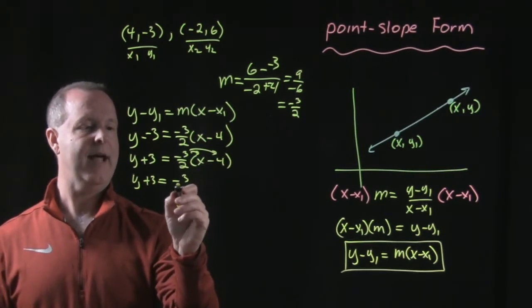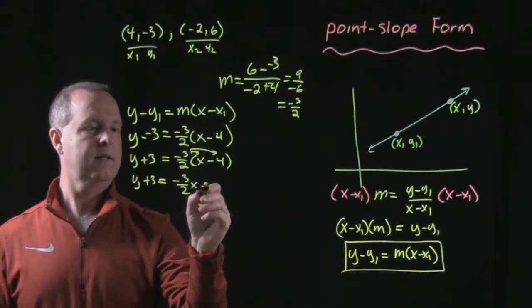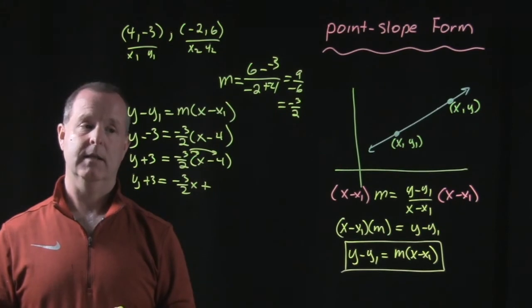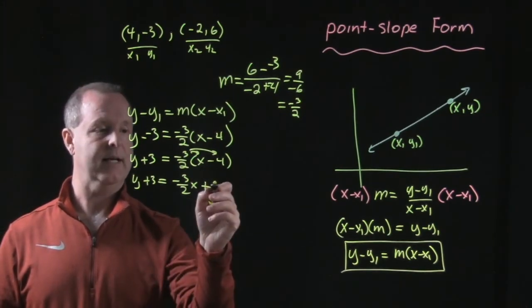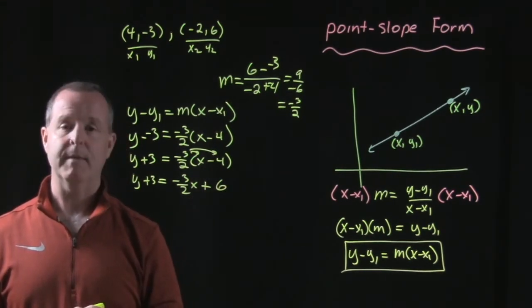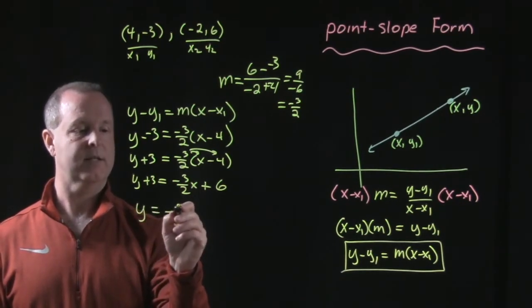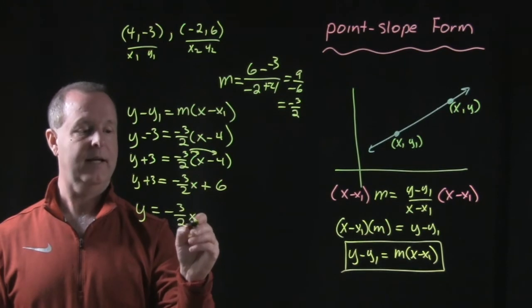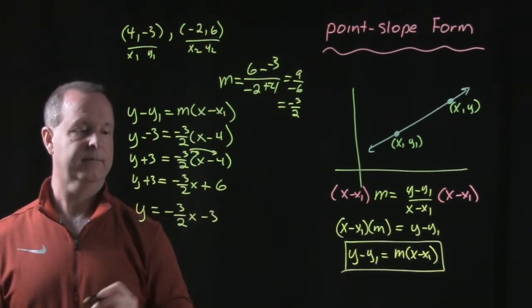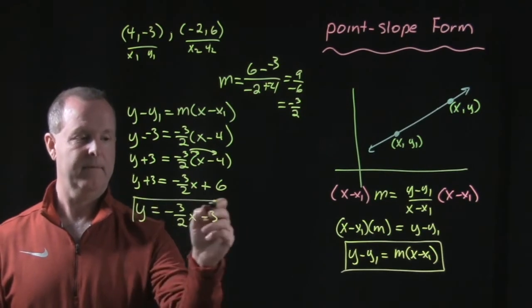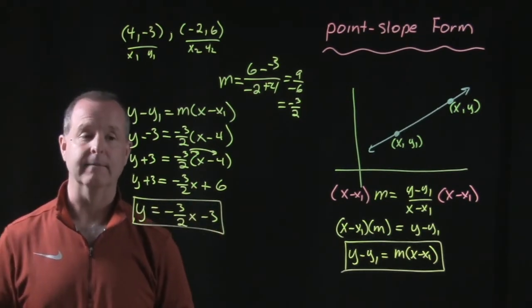So that's negative 3 halves x plus 6, which is 3 halves of 4, 6. It is. And then from here, let's subtract 3 from both sides. So y equals minus 3 halves x minus 3. And there we have our slope-intercept form of the line.